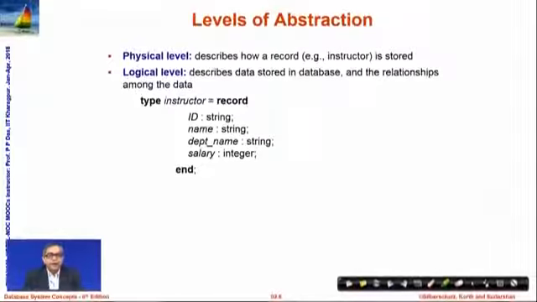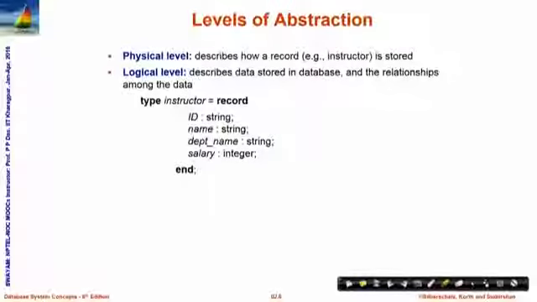Any data that is stored, you can think of as a record. Here we are illustrating the record of an instructor who teaches a course. As you know, a record is a collection of multiple fields of different types.